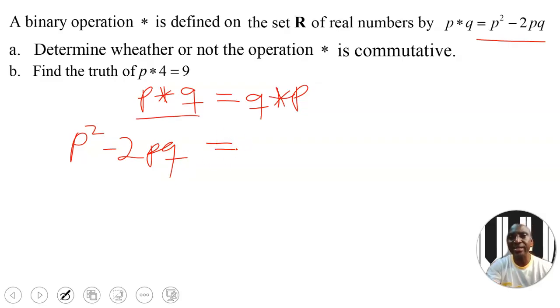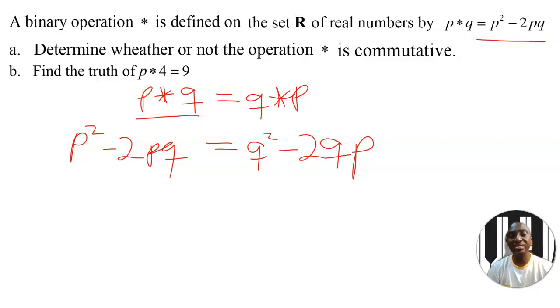On the right hand side, this time around the Q is coming first. So it's going to be Q squared minus 2QP. Sorry, 2QP. Now, my question for you is this. Is the expression on the left hand side equal to that of the right hand side? You can pause the video and think a little bit about that.